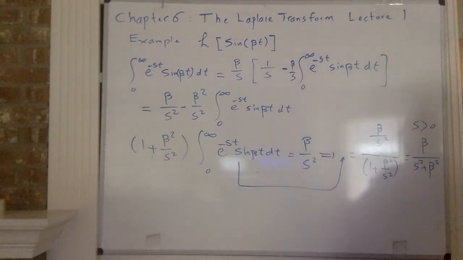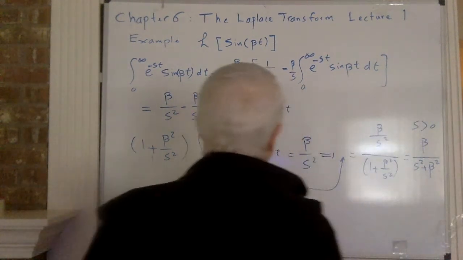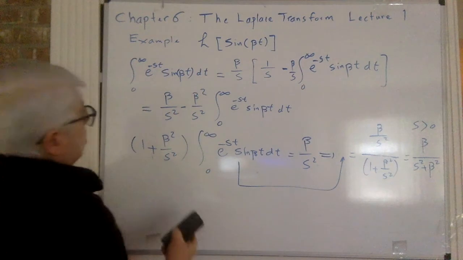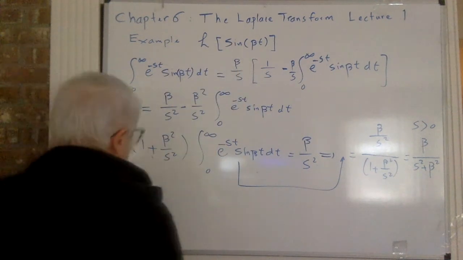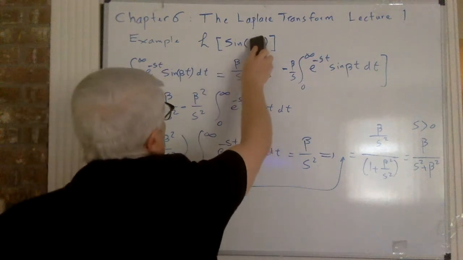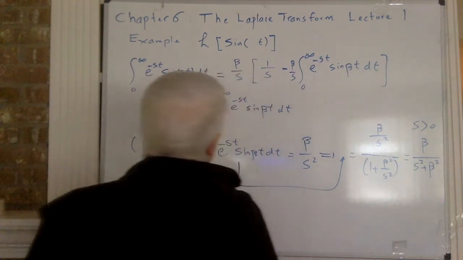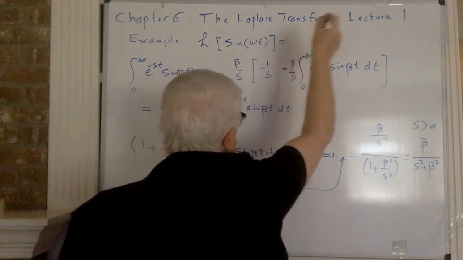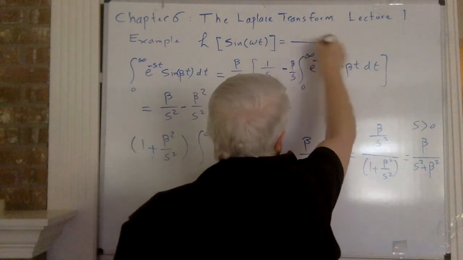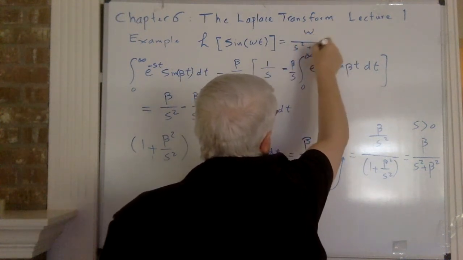So I'm assuming that this is bigger than 0. Now, let me write this thing over there. And instead of beta, let me use omega. And then omega will be omega over s squared plus omega squared.